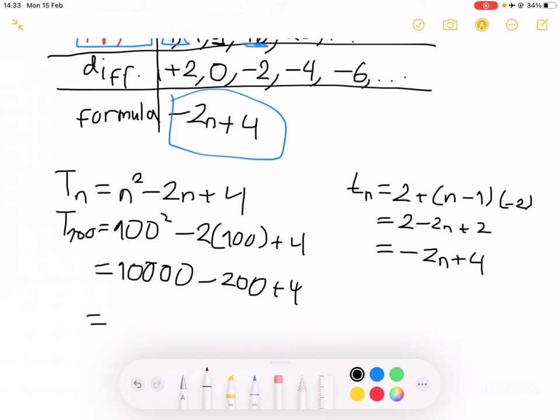This will be equal to 9,804. And that is the final answer for this problem.